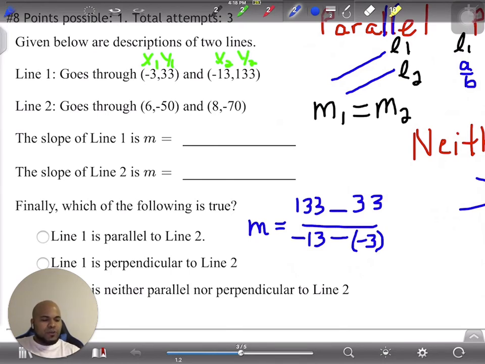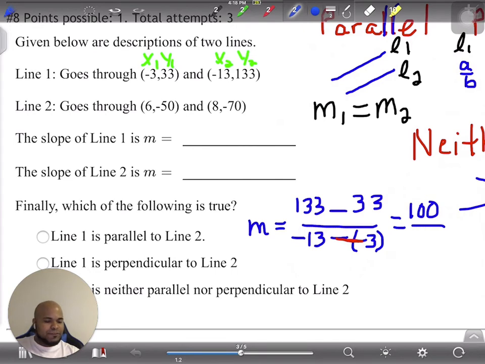All right. So if I simplify this, 133 minus 33 is just 100, over negative 13 minus negative 3. Two negatives make a positive when I connect them, and same signs add and keep, but different signs subtract, right?